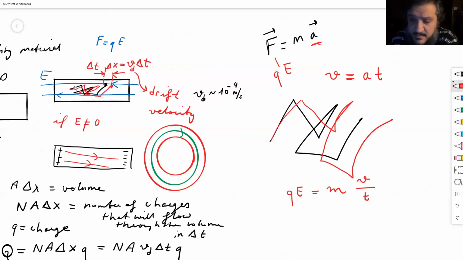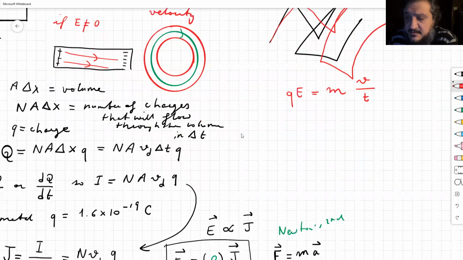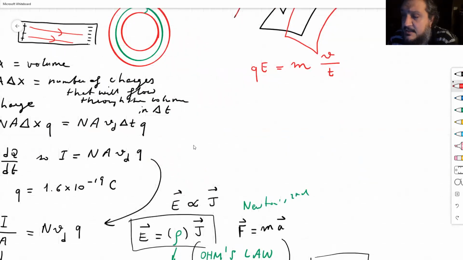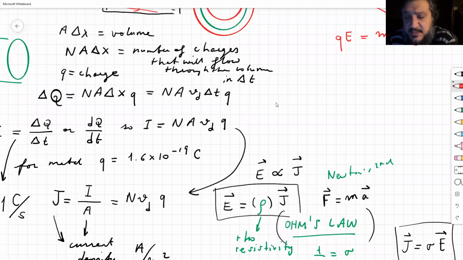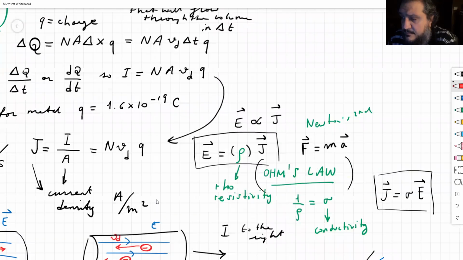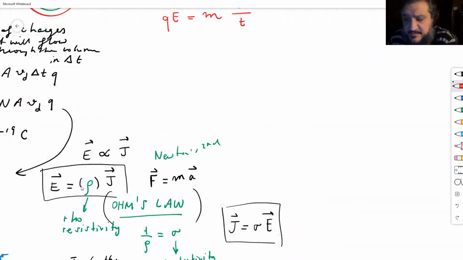Now, let's use the relationship between current density and electric field. We could use the one with resistivity, or we could use the one with conductivity.